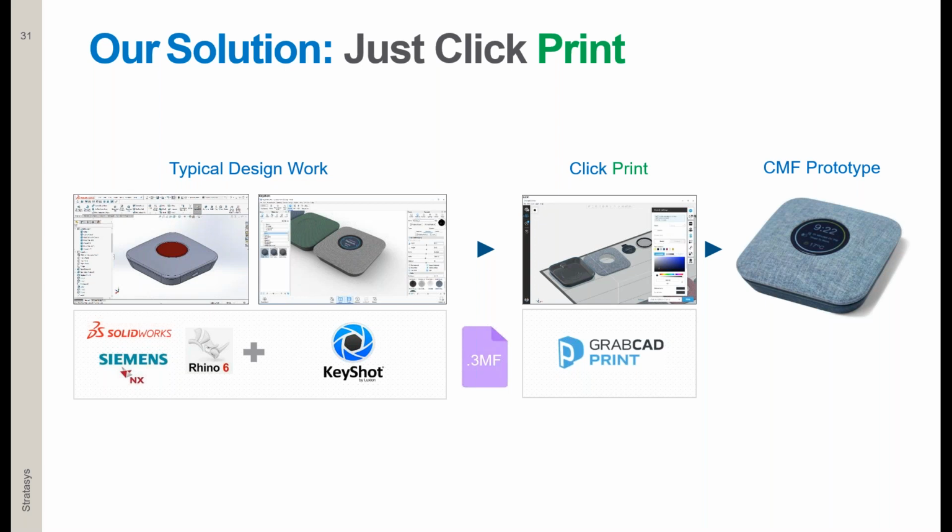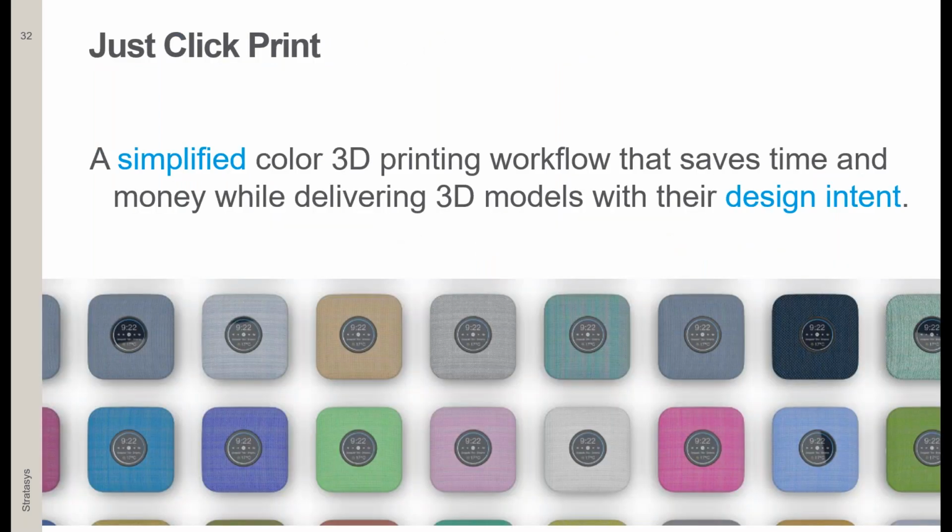So all three-dimensionally, they have been created with the CMF input that has an extension of .3MF, which can be read by GrabCAD Print, and you can process your parts. So a simplified process and a workflow that saves time and money, and more importantly, what you get to achieve is not one color. You'll have multiple design options that you want to achieve before you freeze what could be the final color or the final model.